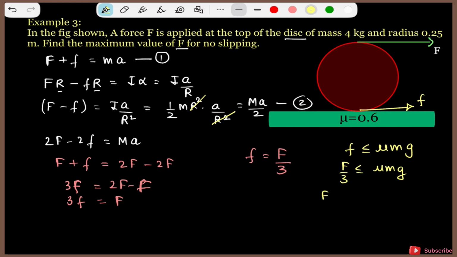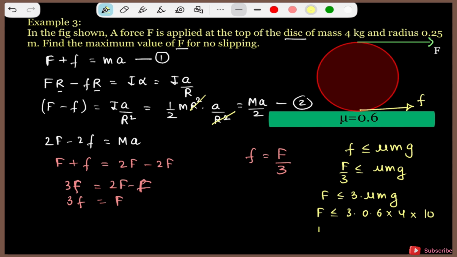So F is less than or equal to 3 times mu mg. So F is less than or equal to 3 times, mu is 0.6 and mass is, I think, given as 4 kg, and let's take the value of g as 10.